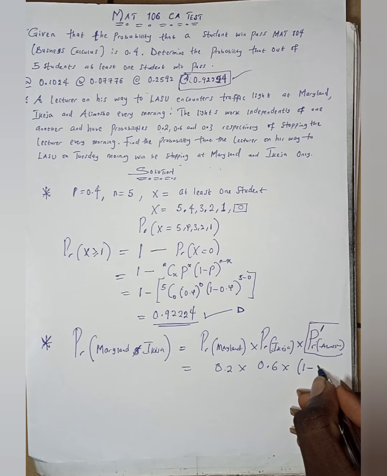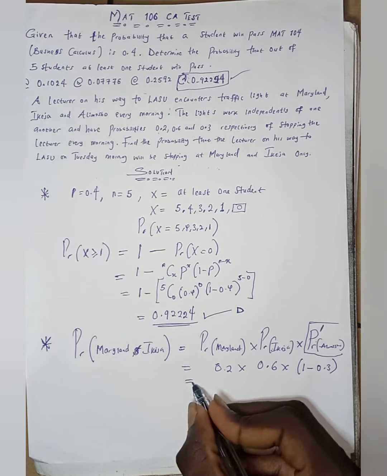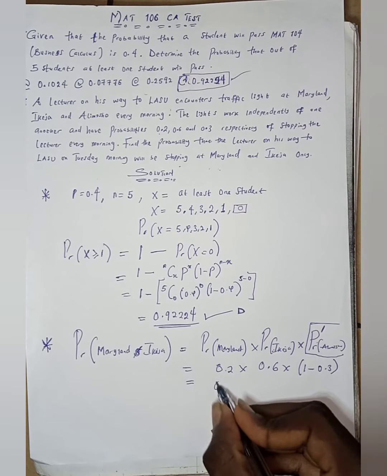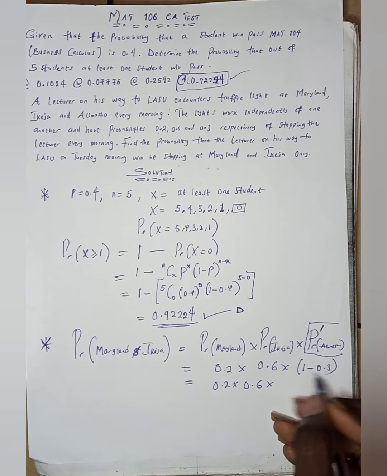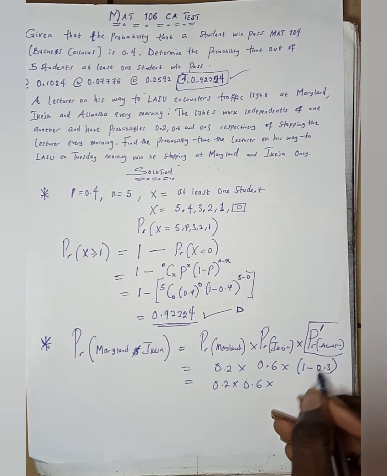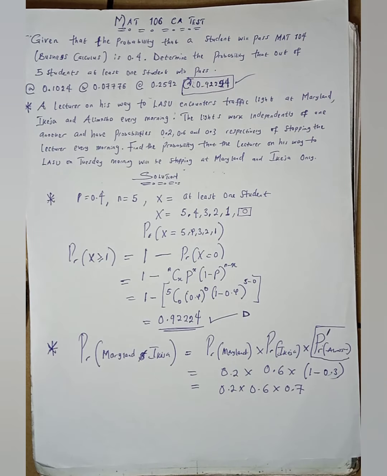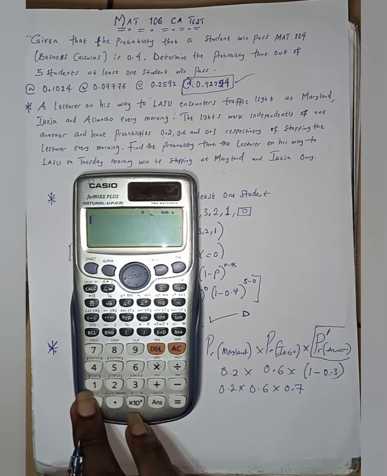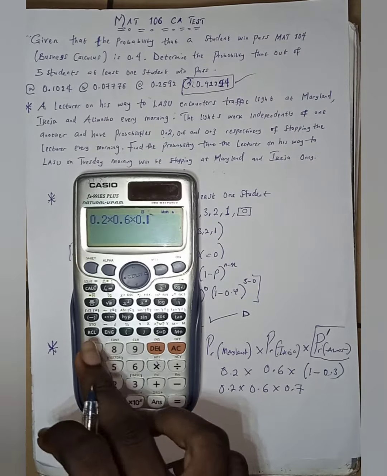So the probability that the lecturer will not stop at Alimosho is 1 minus 0.3, which gives 0.7. So when I compute this, I will have 0.2 times 0.6 times 0.7.